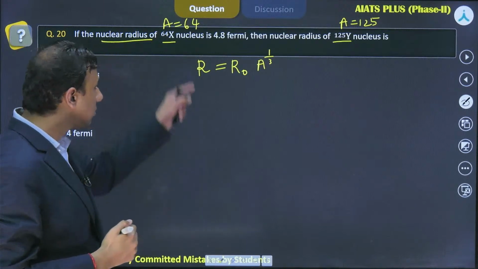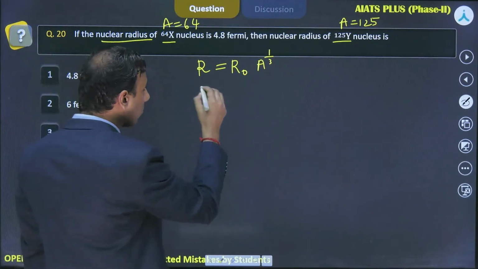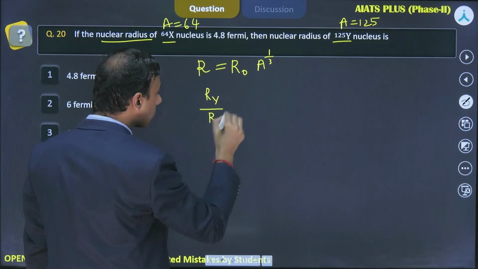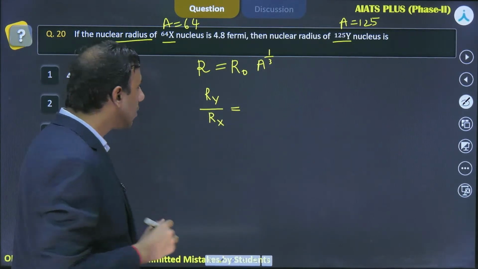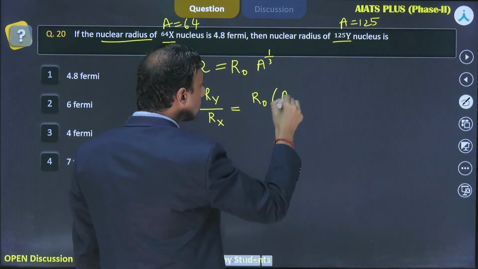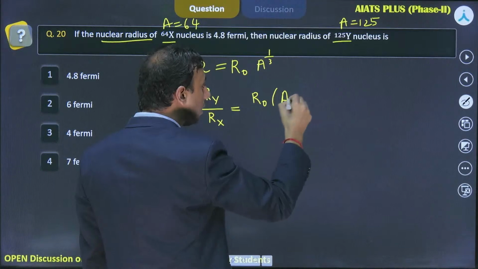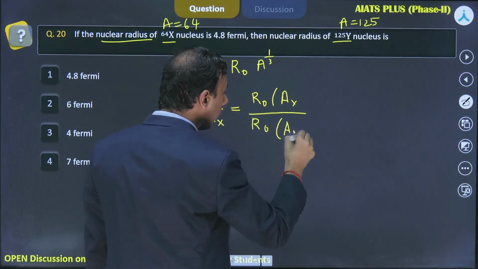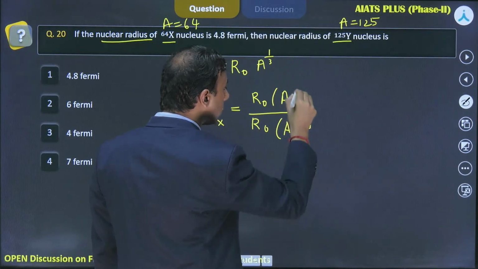How? We'll just take the ratio. So let's say I'm writing it as Ry over Rx. The radius is R naught, so it will become R naught Ay to the power 1 by 3, whole divided by R naught Ax whole to the power 1 by 3.